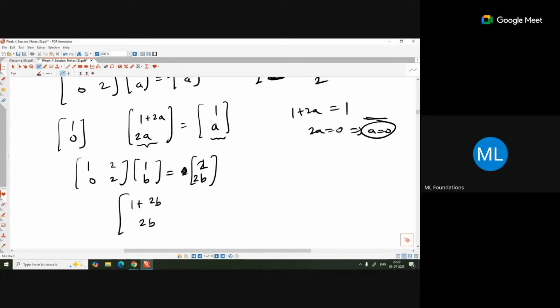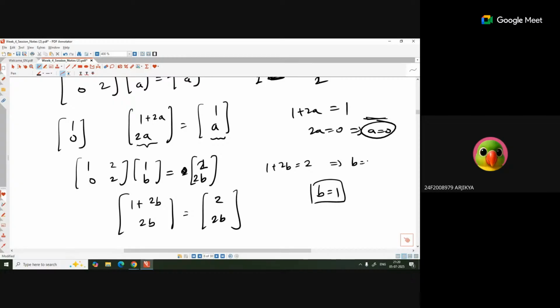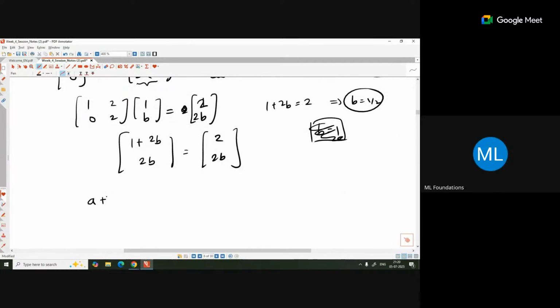Here it is 1 plus 2b equals 2, so b equals half, and the second equation 2b equals 2b also holds. So b equals half. Then we need to find a plus b, which is 0 plus half, that is half.